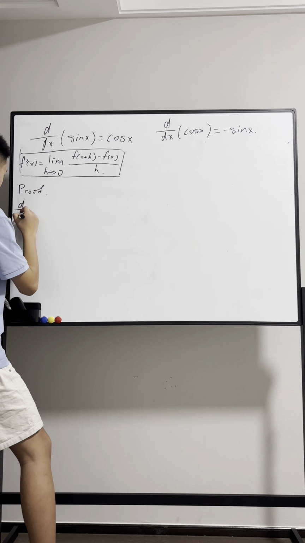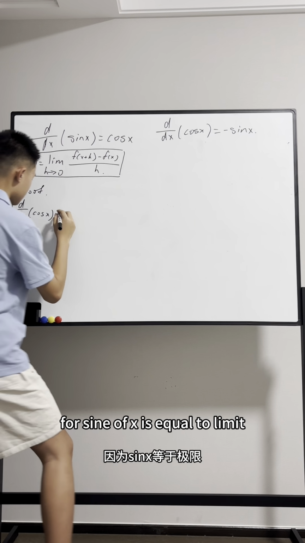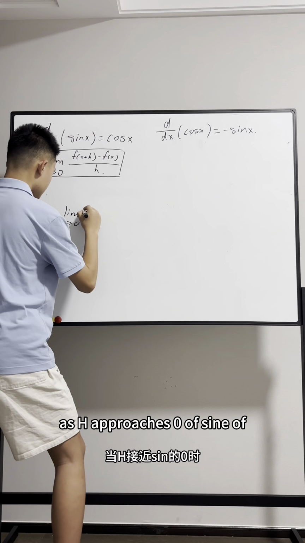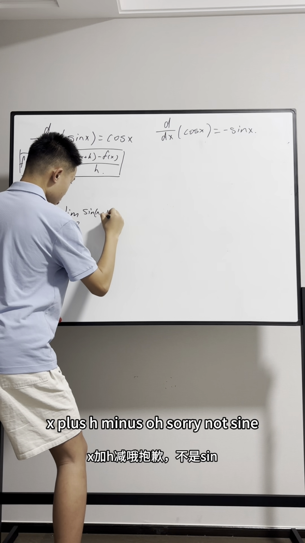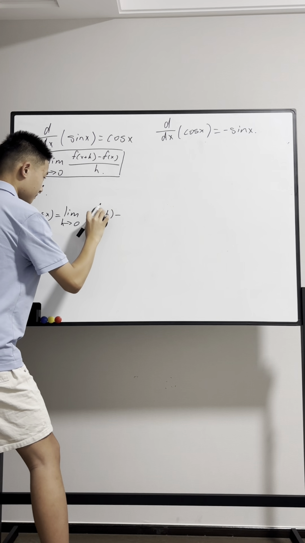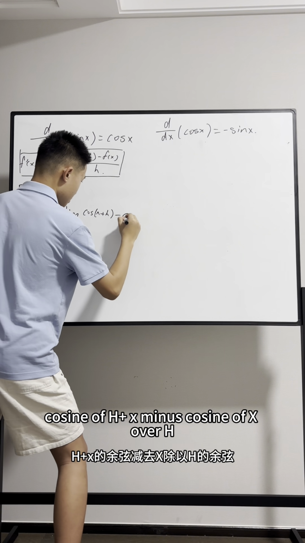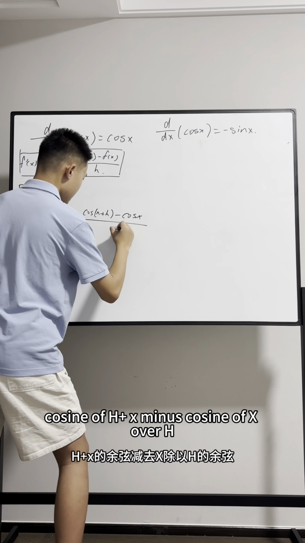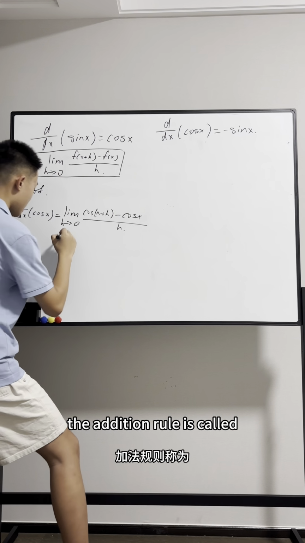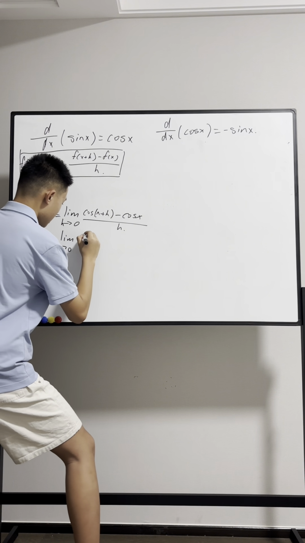Again, starting with the definition of derivatives, the derivative of cosine of x is equal to the limit as h approaches 0 of, oh sorry, not sine, cosine of h plus x minus cosine of x over h.